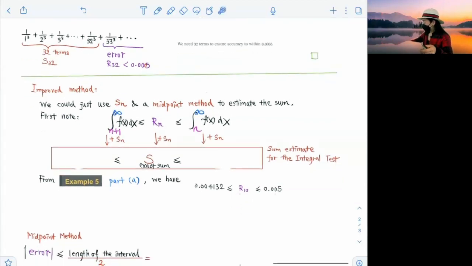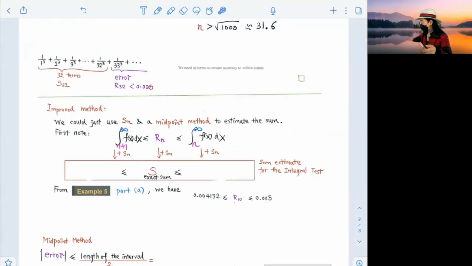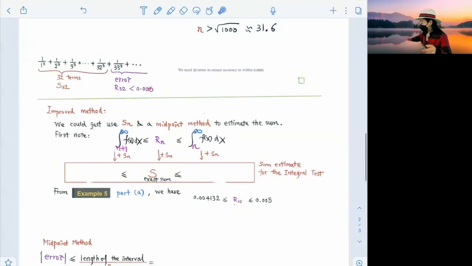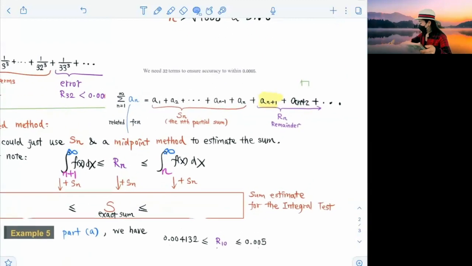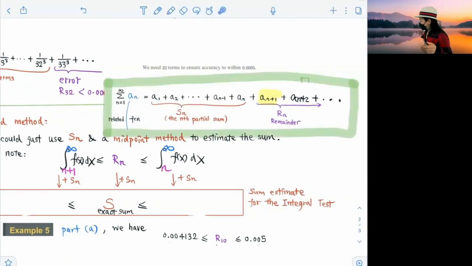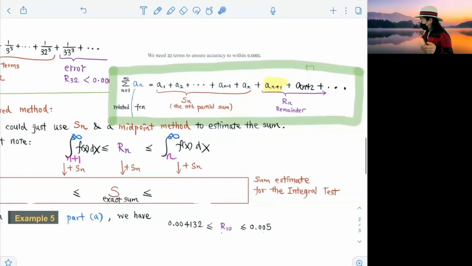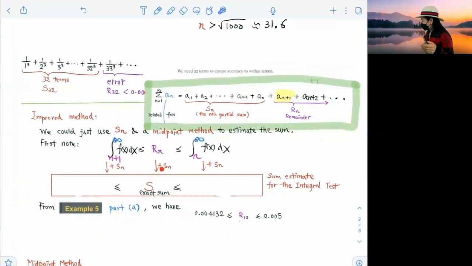Now, do you remember how Sn and Rn relate? Let me go back. Sn and Rn add up to the sum. So what's Rn plus Sn? Is it the exact sum?